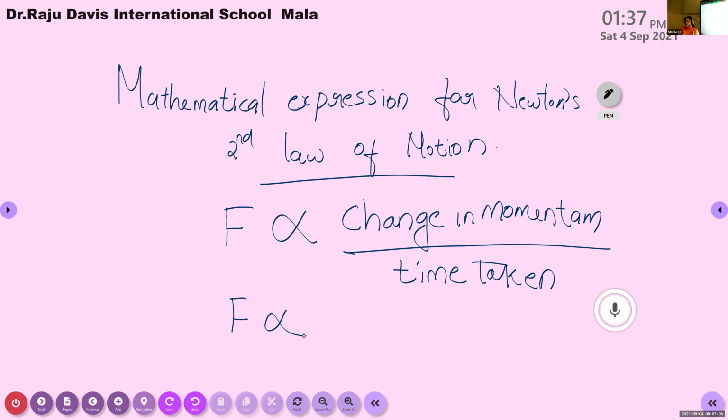What do you mean by change in momentum? Change in momentum means the object must possess an initial momentum and a final momentum.